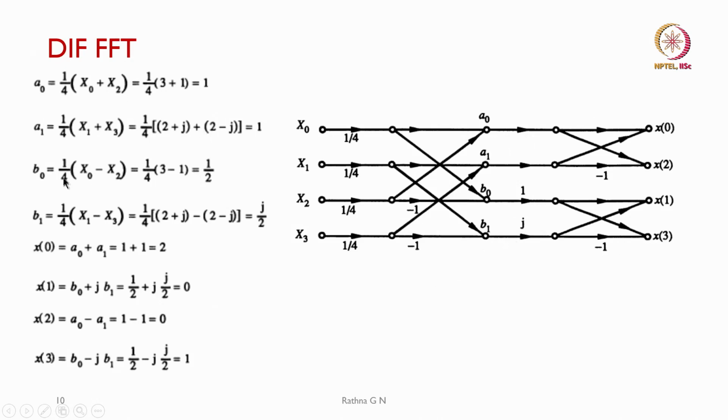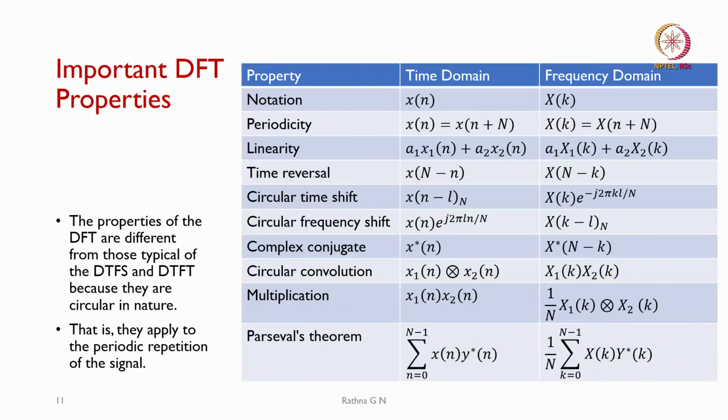We have A 0, A 1, B 0, B 1 first computed, and in the next stage you will be calculating x of 0, x of 1, x of 2, x of 3. So, you are seeing that you are getting back 2 0 0 1 as your output. This is how both decimation in time and decimation in frequency work for the analysis and synthesis equivalent of DFT.